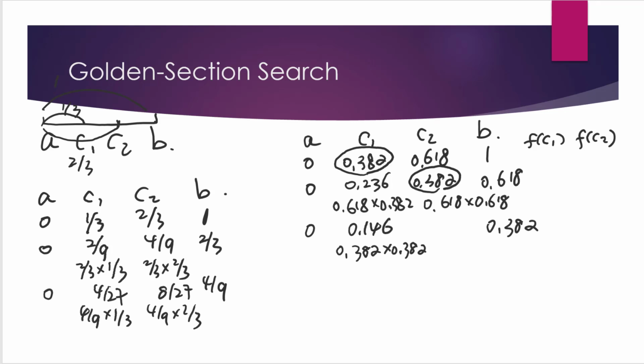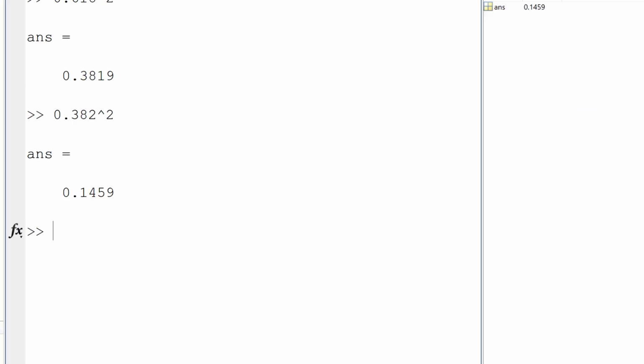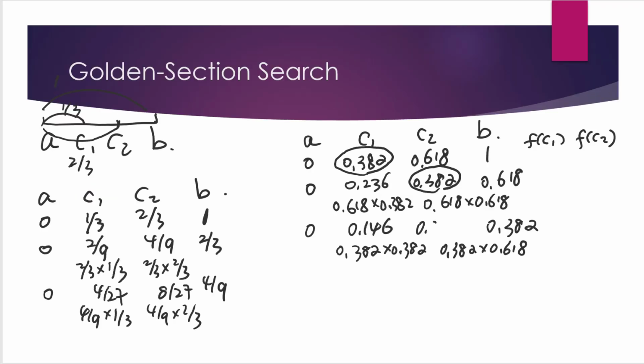And C2 will become the total length 0.382 times 0.618, which will be 0.236. So you can see that for this 0.236, FC2 has already been evaluated in the last iteration, right? So we don't need to evaluate this value again.